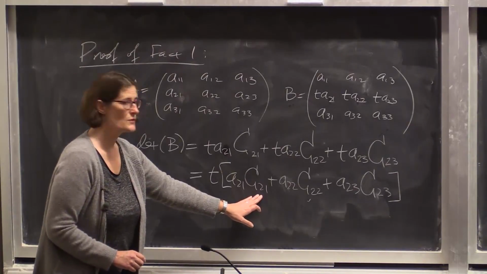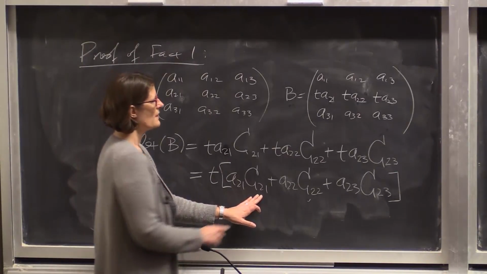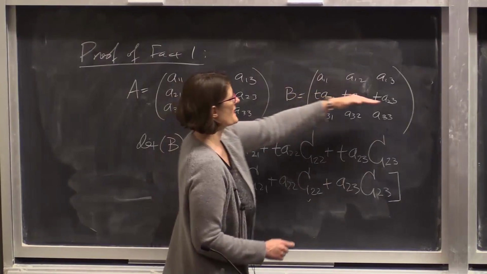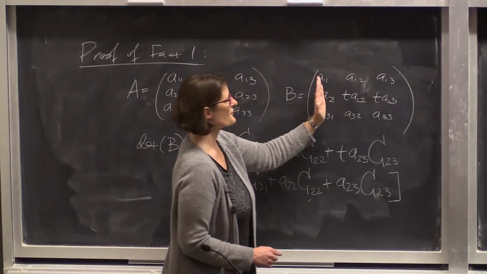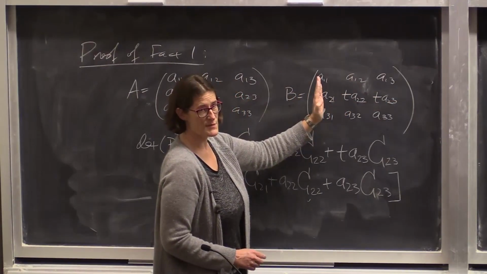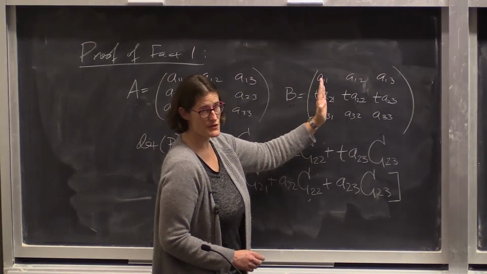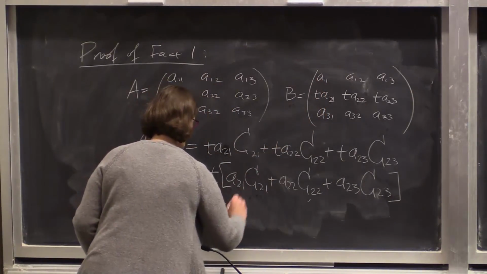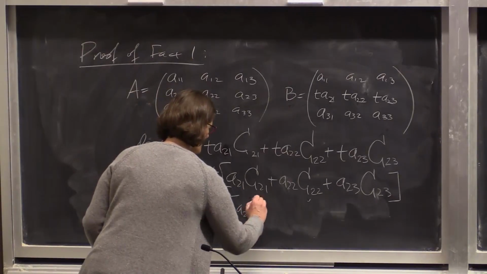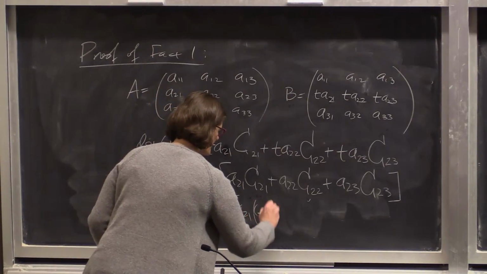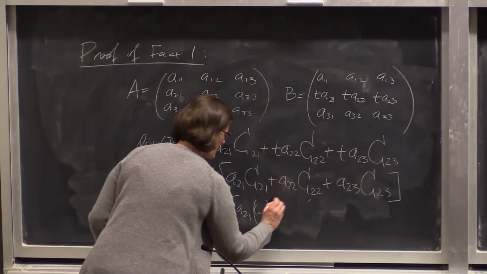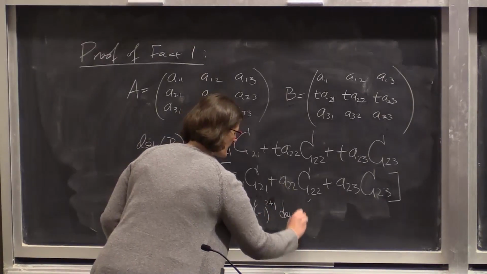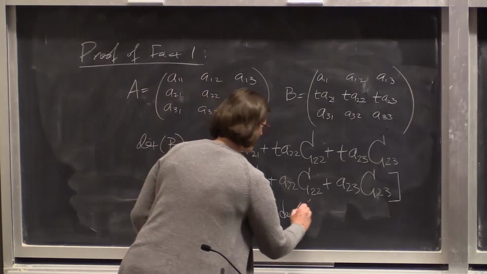To find the 2,1 cofactor, I'd knock out the second row and the first column. That gives me a 2 by 2 matrix, and I compute its determinant. So this is going to be T times A21 times minus 1 to the 2 plus 1, the determinant of A12, A13, A32, A33.